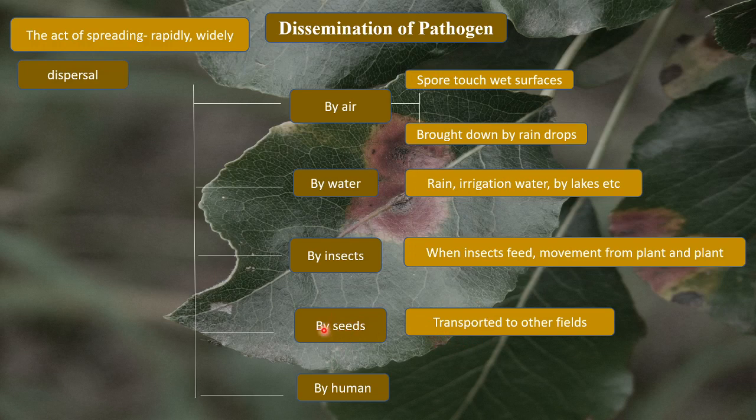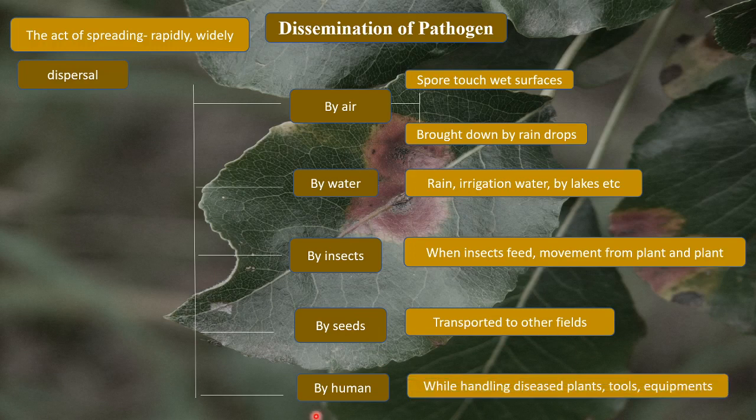Sometimes the plant seed itself might be infected, and these seeds are transported from one field to another. When these are planted, the new plant that is formed will be infected. Similarly, by humans: while handling diseased plants, tools or equipment in the farm, humans can also disseminate the pathogen. So these are the ways by which a pathogen can be disseminated.